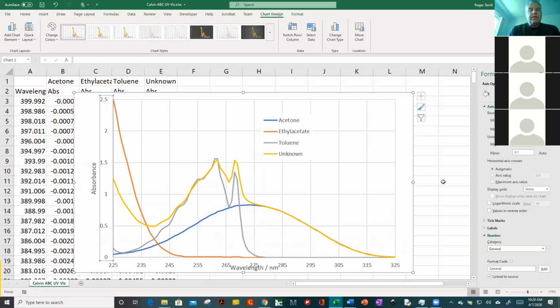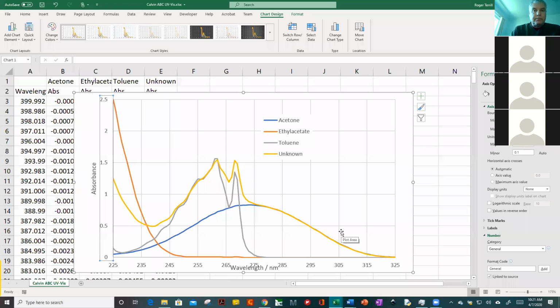Okay. So now what we see here is there's the, I'm sorry, this is the ethyl acetate. Toluene, the acetone, and the mixture here, right?